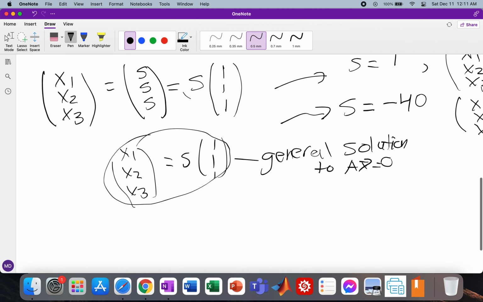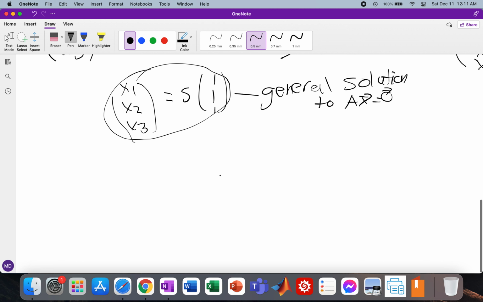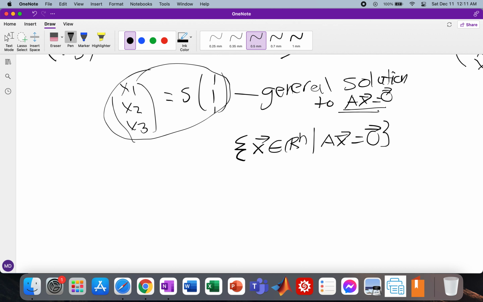In other words, what we've just found is the set of all solution vectors x which belong to the set Rn such that Ax equals 0, which is precisely what we just found. We found all x's such that Ax equals 0. That's the equation we were trying to solve.